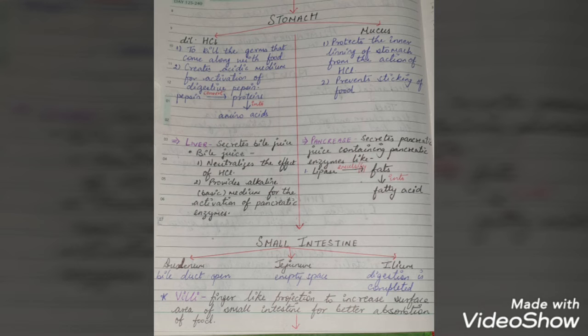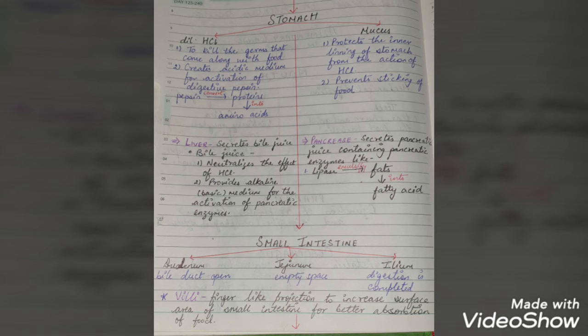Without this medium, pancreatic enzymes cannot work on the food particles. The pancreas will secrete the pancreatic juice containing the pancreatic enzymes like lipase. Now lipase emulsifies, which means it breaks down the fats into fatty acids.